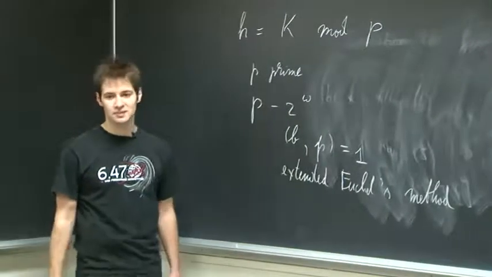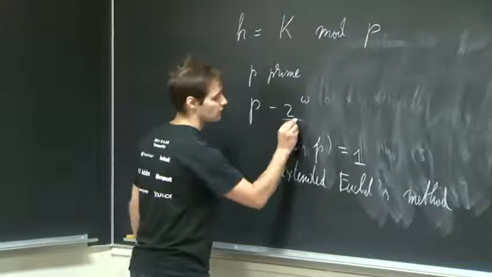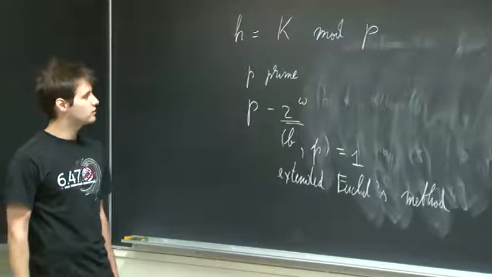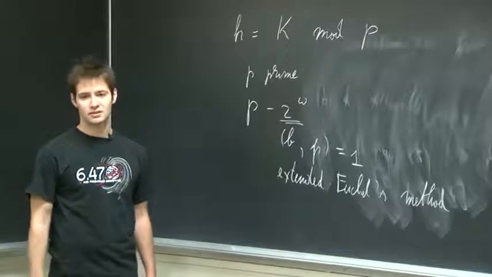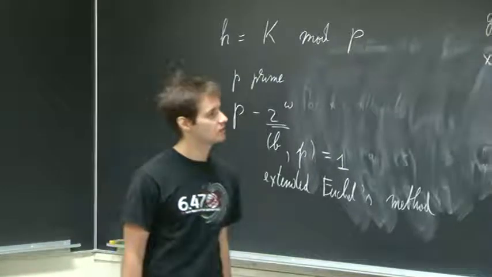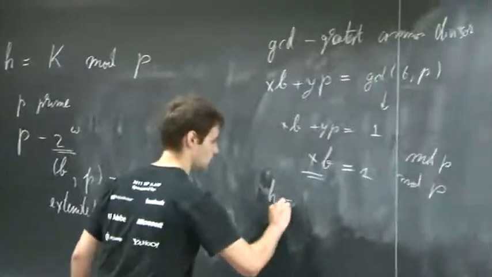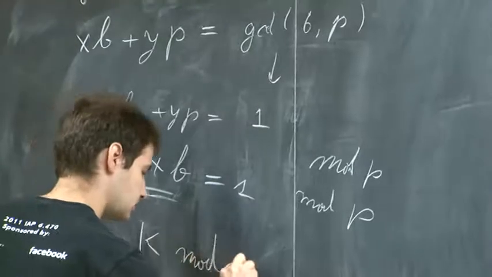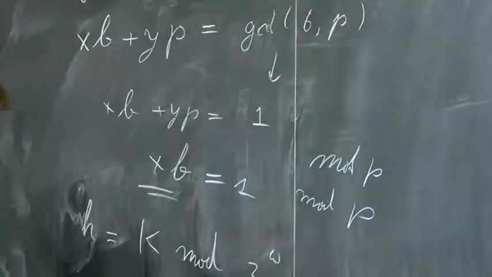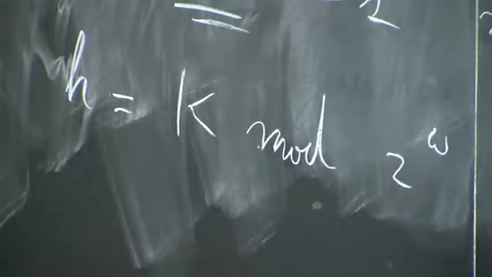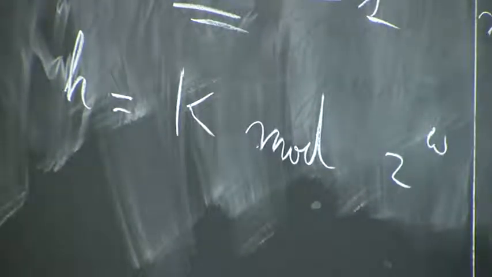But there's something else that's wrong with using 2 to the w. Will this give me a good hash function? Let's say h equals key mod 2 to the w. And remember that the key is some digits in base b. It's a big number made out of digits in base b.